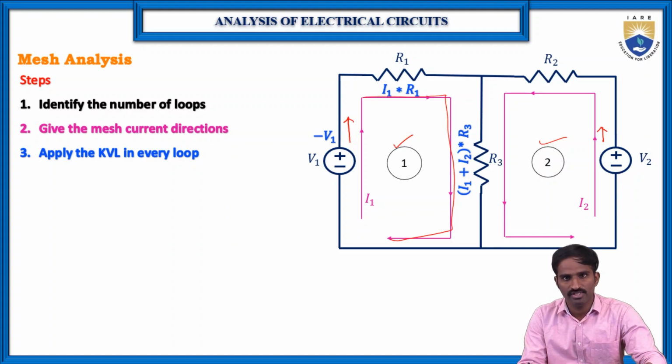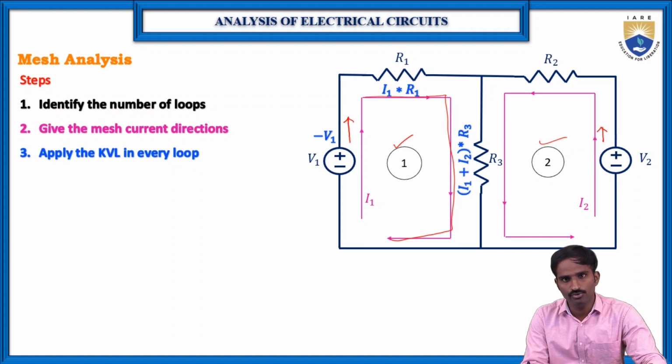So we should check whether I1 and I2 flowing in R3 are in the same direction or opposite direction. If the currents flowing through R3 are in the same direction, then we can add, so I1 plus I2 into R3. Because we are writing this equation with respect to loop 1, which means with respect to current I1, we should take the reference current direction flowing through R3 as the same as I1.